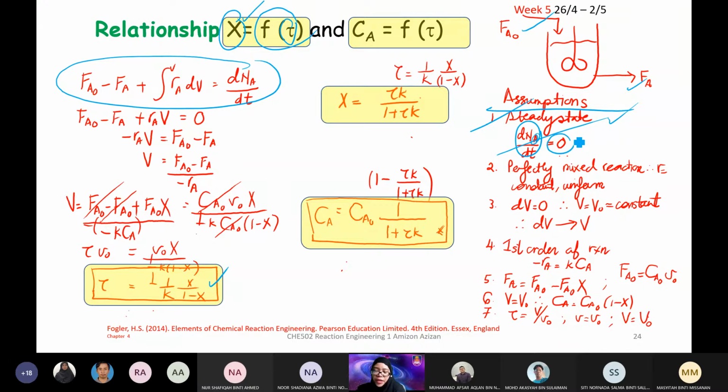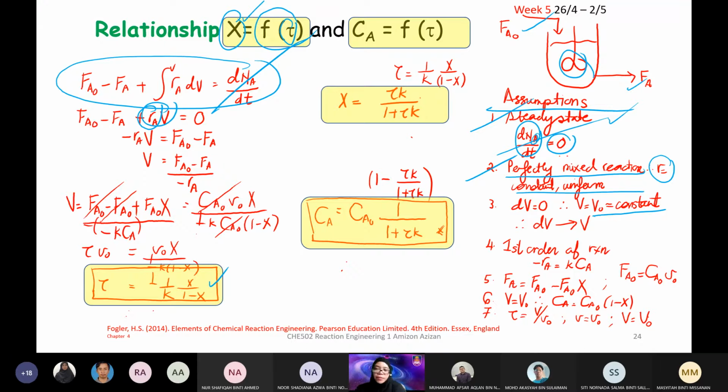So you write it as equal to zero, then you cancel it out. The second assumption is perfectly mixed because you have the impeller, so the rate r here is constant. The volume in the CSTR is also considered constant.